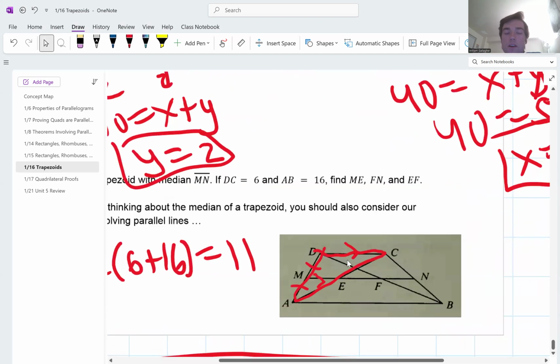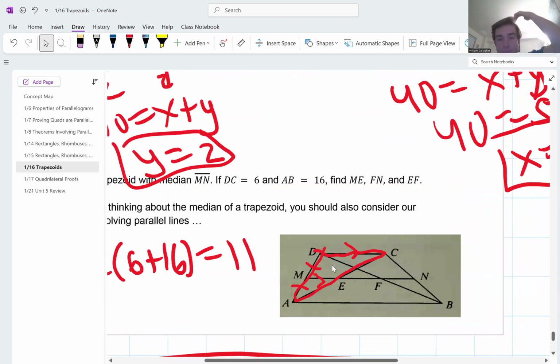And so we know that if this line ME is drawn from the midpoint of one side and it's parallel to the other side, well, now we know that AE and EC are congruent. So we know that E is a midpoint.